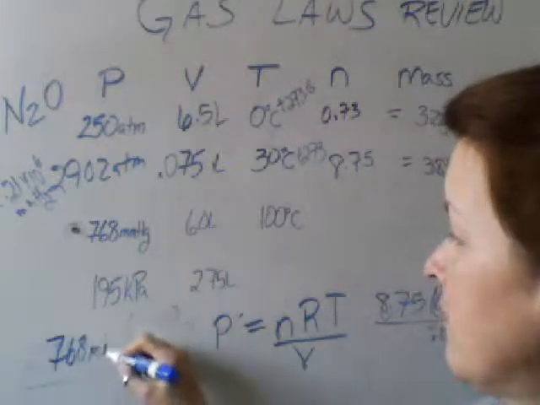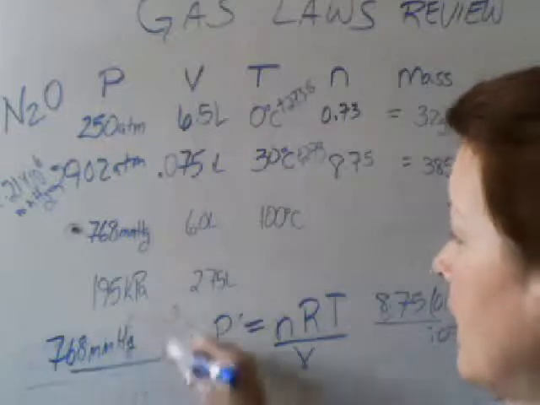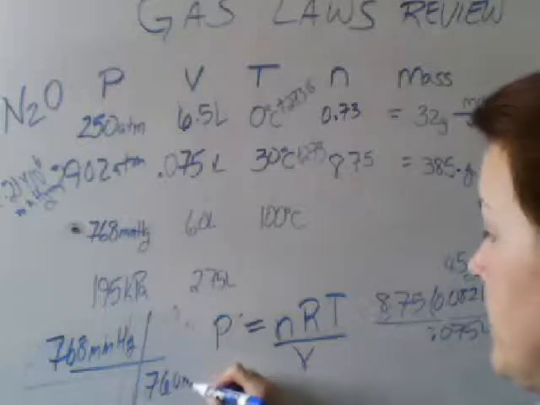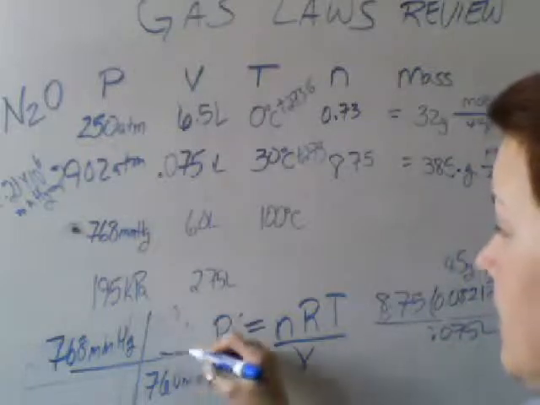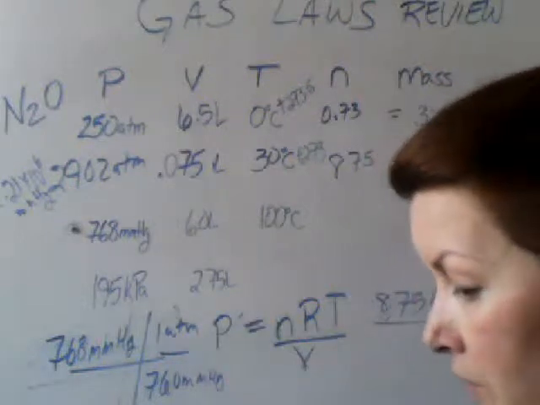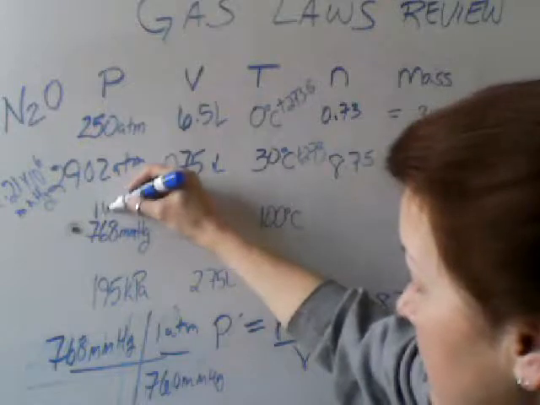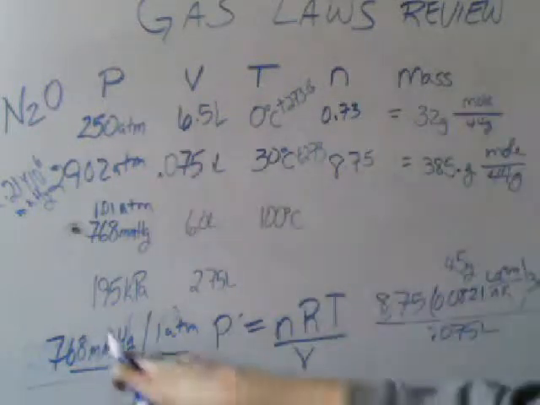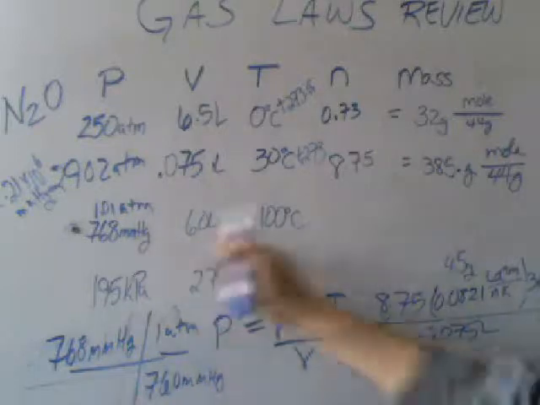So we know that we have 768 millimeters of mercury, and we know that when we have 760 millimeters of mercury, that is 1 atmosphere. So using that conversion, we find that we have 1.01 atmospheres. We divide. Our liters are good.